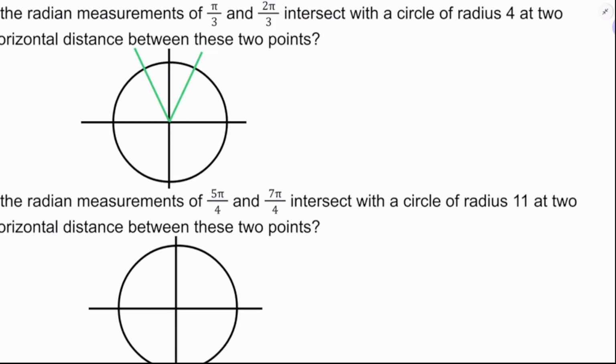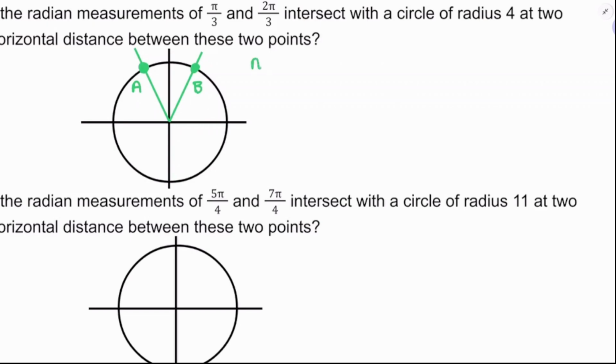And so, if you're paying attention to the previous type of example, with the two 60-degree angles, it ends up making an equilateral triangle. So the answer is 4. The horizontal distance is going to be 4, but that's not what I'm getting you ready for here. All right, so I'll label the points. I'll say this one's going to be point A and that one's going to be point B.